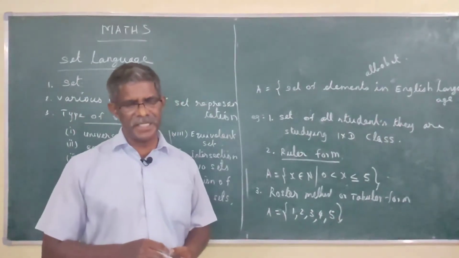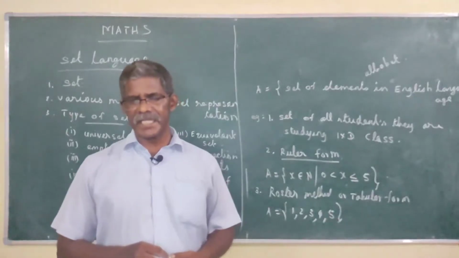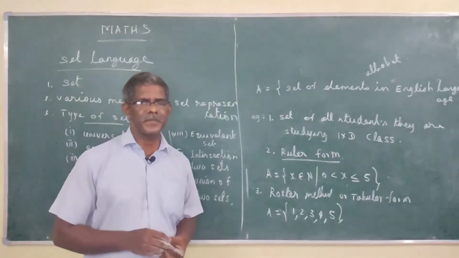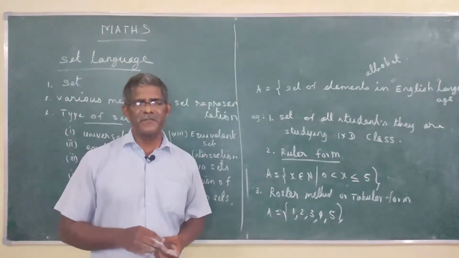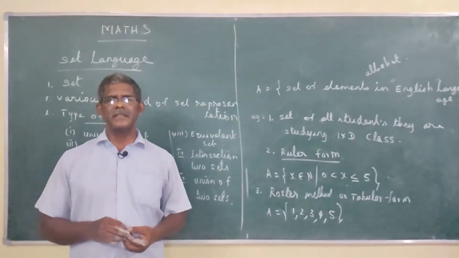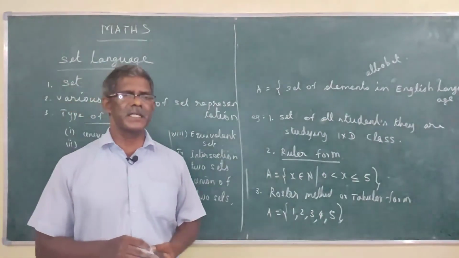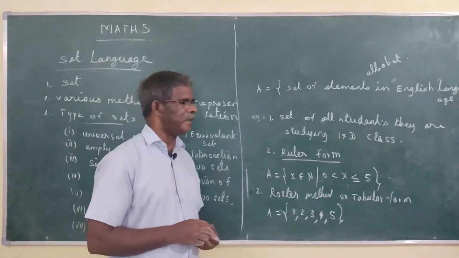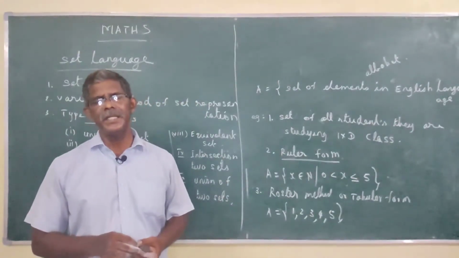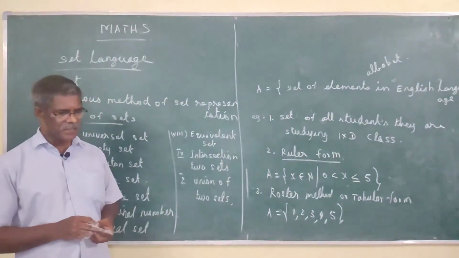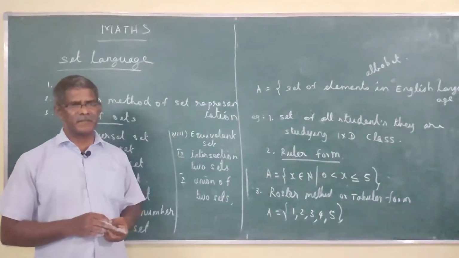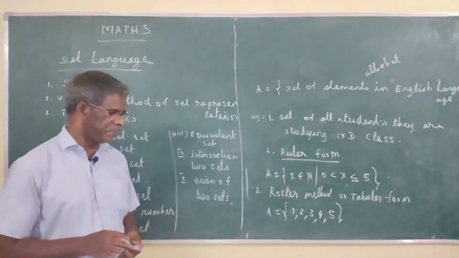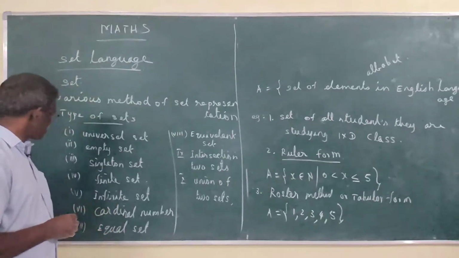Intersection of two sets: A intersection B means the common elements between set A and B. The set of all common elements of sets A and B is called the intersection of A and B. The union of two sets means the collection of elements of A and B is called A union B. So now we understand something.